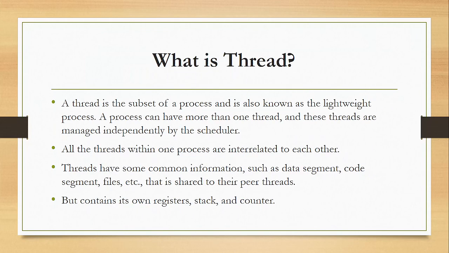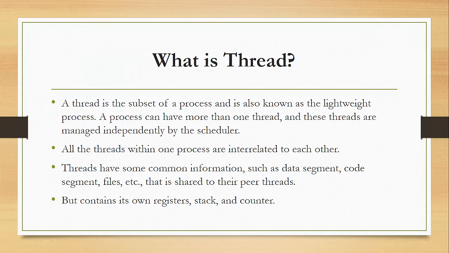Then we need to understand what a thread is. Now that you have looked at what a process is, as I mentioned, the various instances or subsets of a process are known as threads, commonly referred to as lightweight processes, right? So, for example, if you have a lot of tasks to perform as an individual and you require some help, you are likely to bring on board different people to help you achieve that particular task.